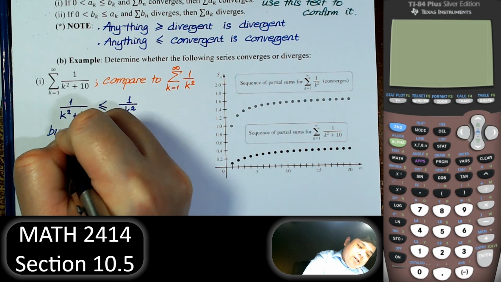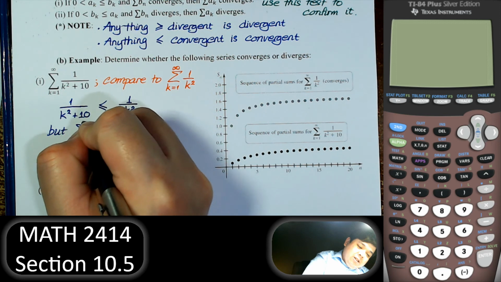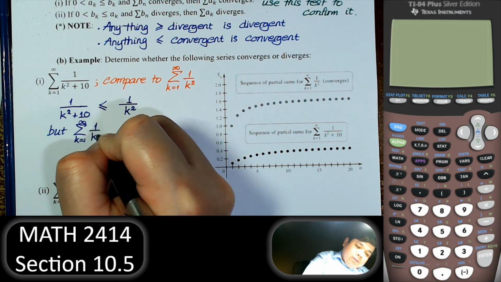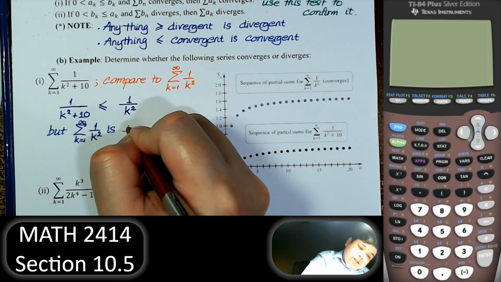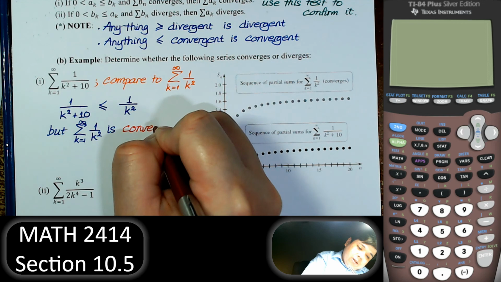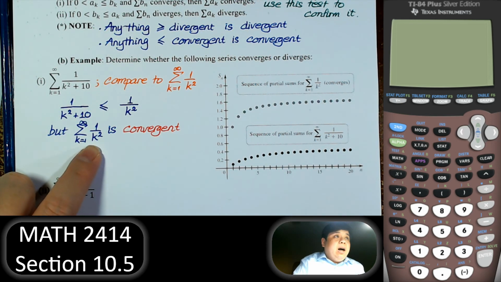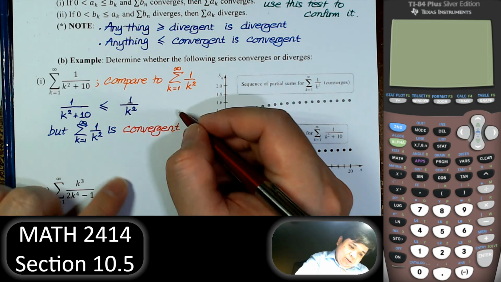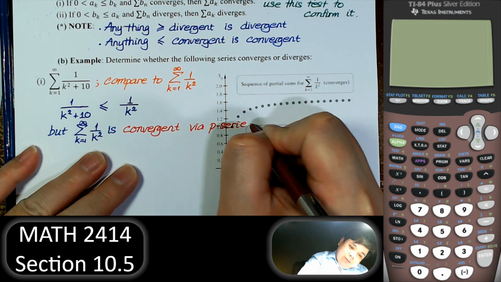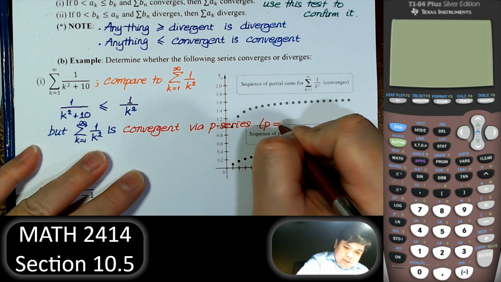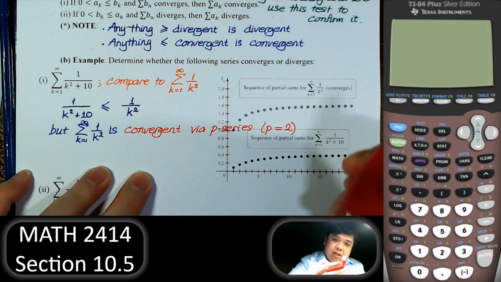This one is convergent because it is a P series, P equal to 2. And if P is bigger than or equal to 1, then it is convergent.